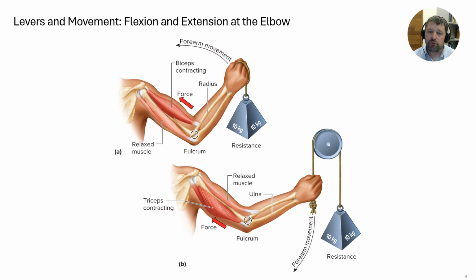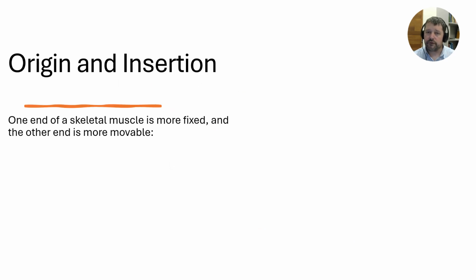So you often will have a flexing and extension of the elbow, and so you have both muscles working opposite of each other. One muscle being concentric and the other one being eccentric as you move the object.